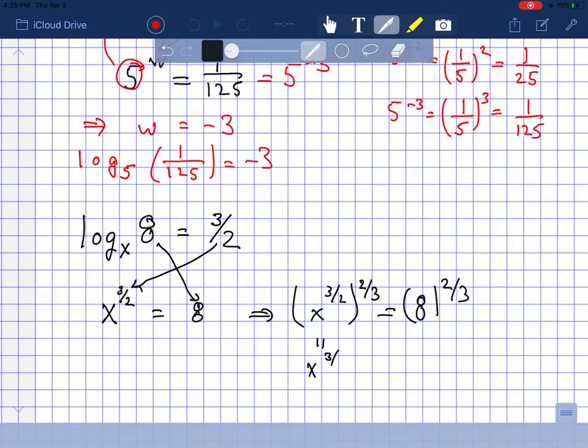If I multiply this out, this is x to the 3 halves times 2/3, which is equal to x, and that's equal to 8 to the 2/3 power, which is equal to 2 squared, and that's 4. So x is equal to 4. So we have the log base 4 of 8 is equal to 3 halves. Okay.